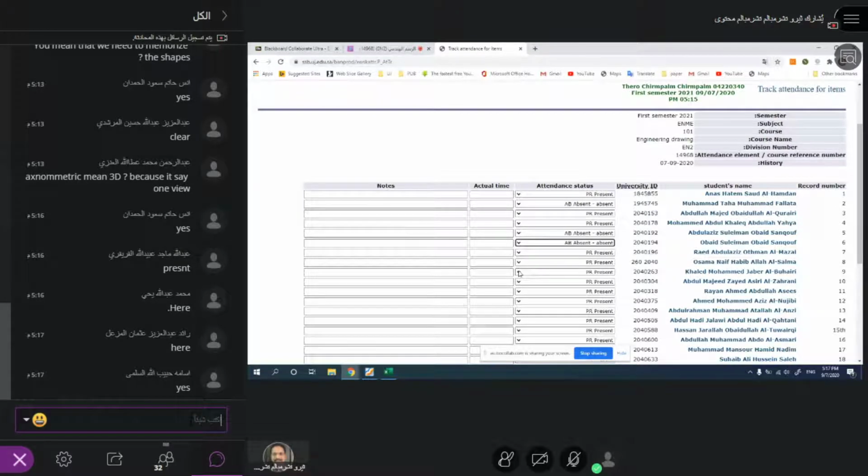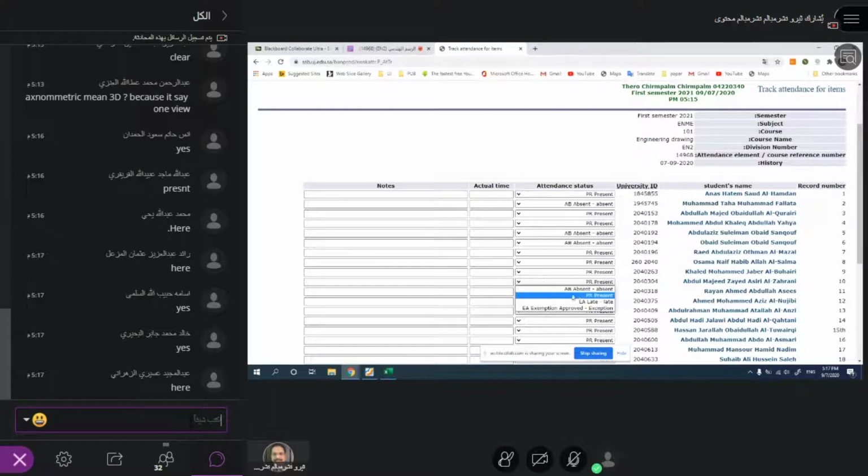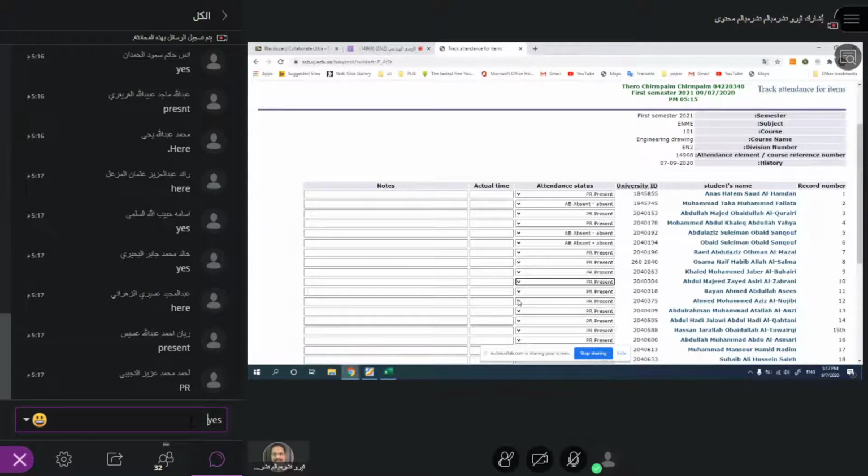Osama Naif Habib Ala Al Salma. Khalid Muhammad Jabir Al Bukhairi. Abdul Majid Zayed Asiri Al Zahrani, present. Ryan Ahmad Abdullah Aziz. Ahmad Aziz Al Nujibi. Abdul Rahman Muhammad Atalla Al Anzi.